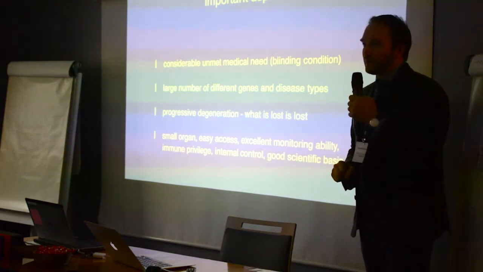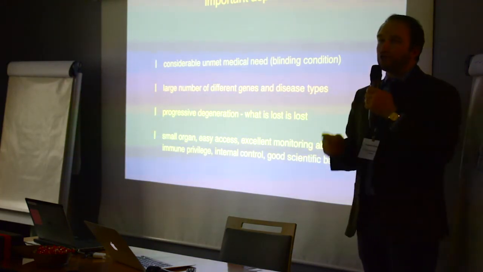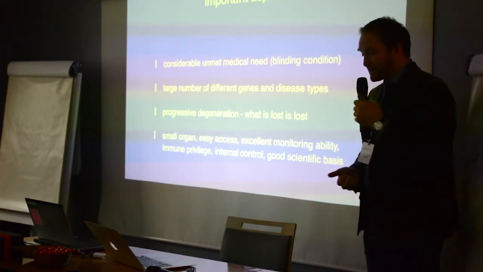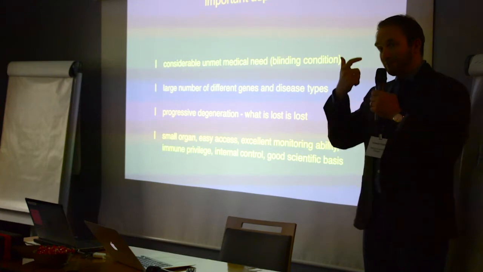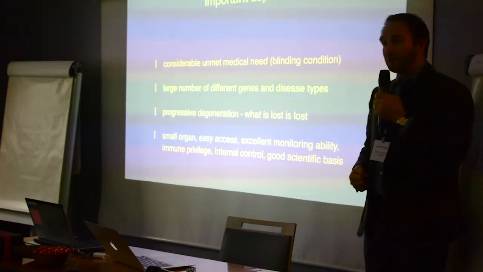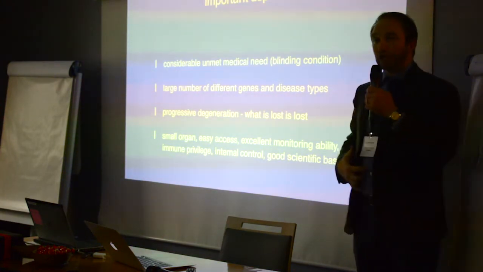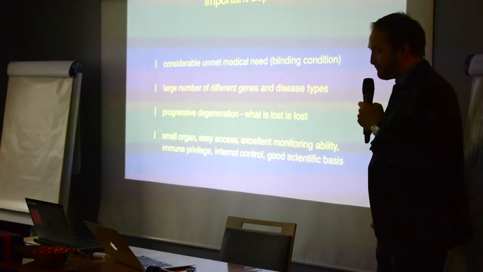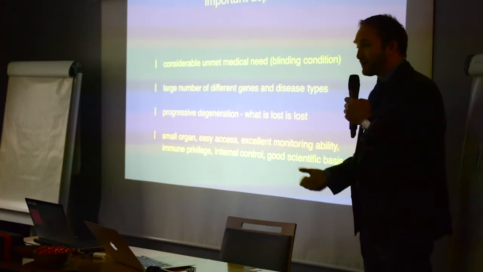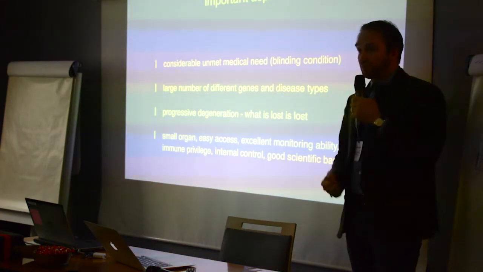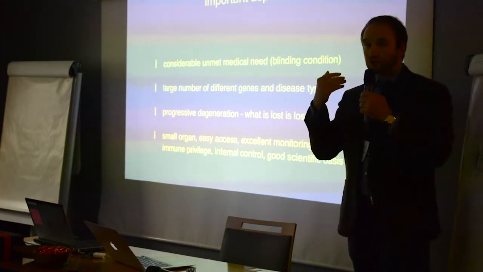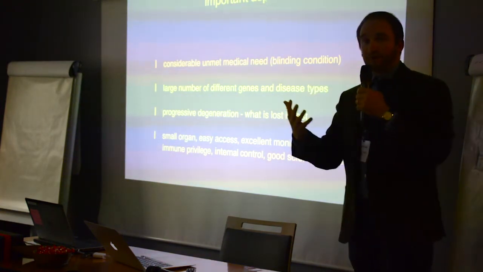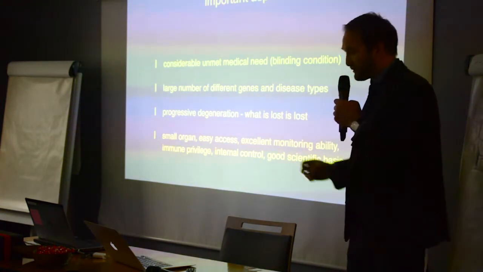So having an internal control is a huge benefit for a clinical trial. Easy access, it's out in the open. We don't have to cut the belly open or something like that. We have excellent monitoring ability, so cellular resolution, structural imaging, electrophysiology, non-invasive electrophysiology, and so forth.